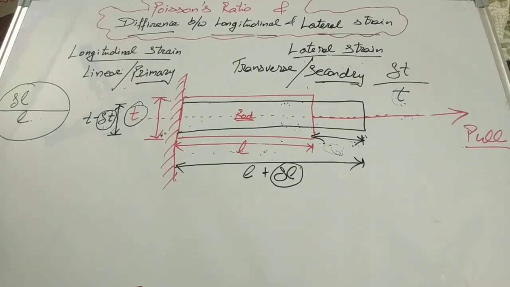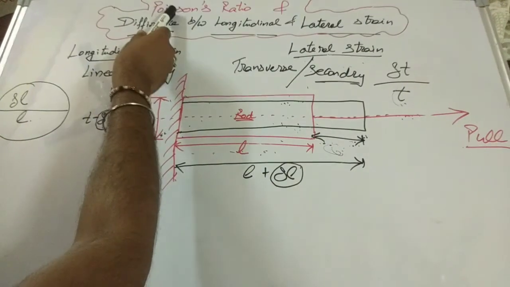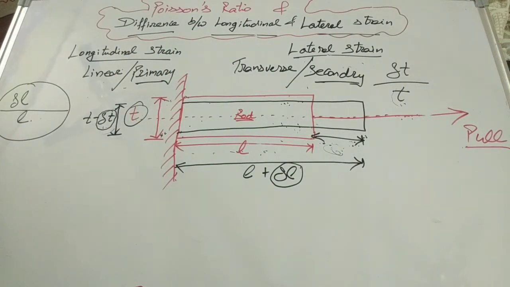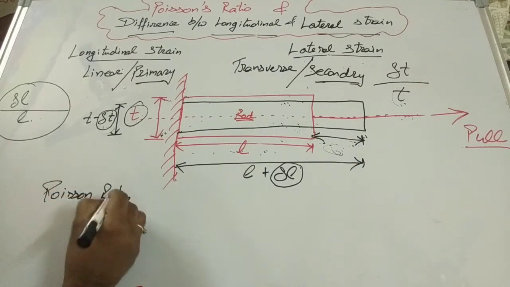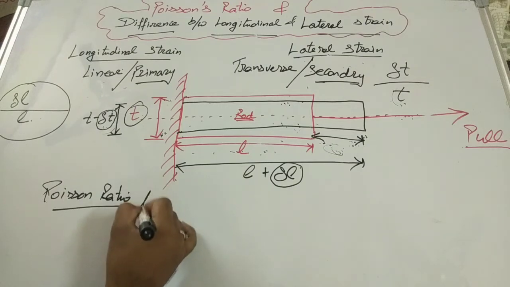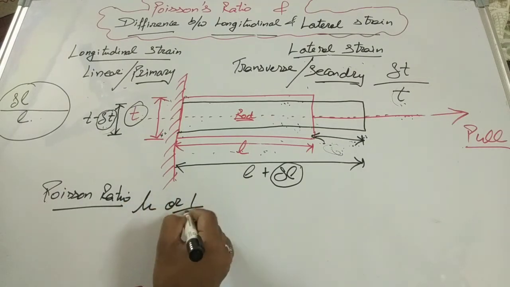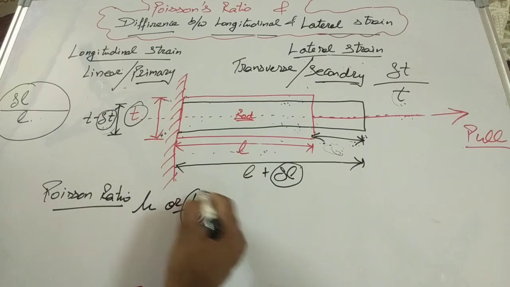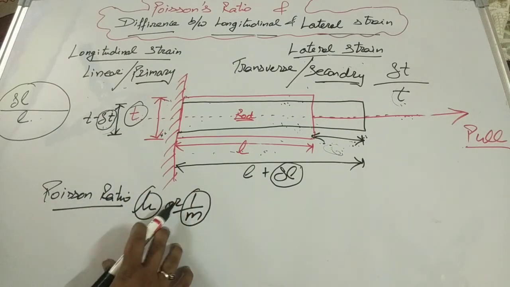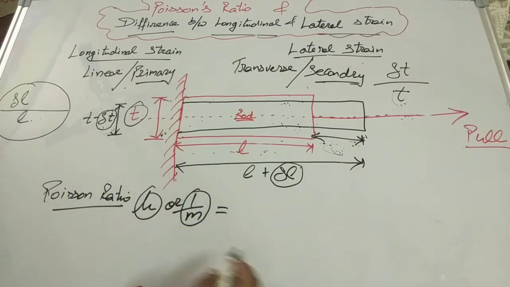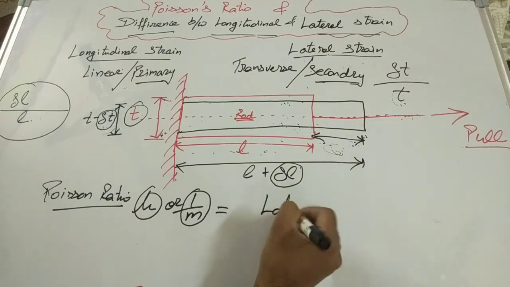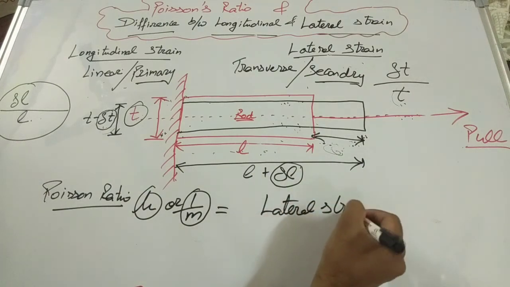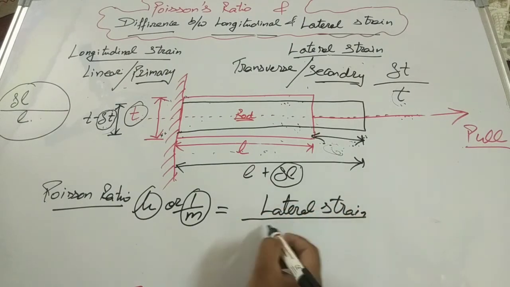And next is Poisson ratio, which we also discussed in this video. Poisson ratio, which is denoted by mu or sometimes 1 by m, is nothing but the ratio of lateral strain of the body, of the member, to the longitudinal strain.